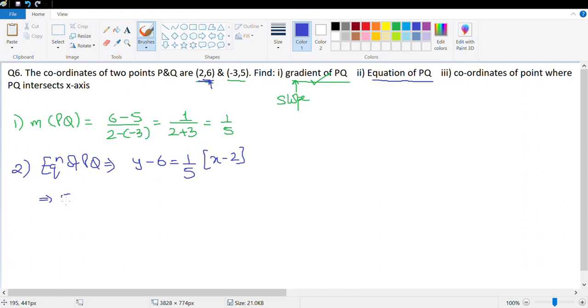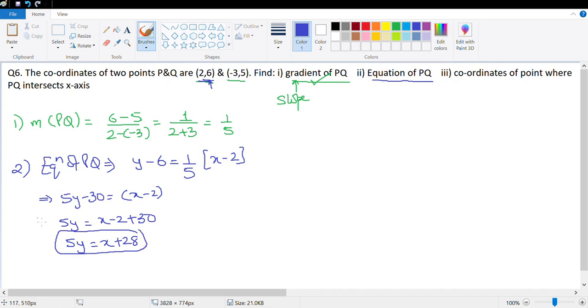This would give me 5y minus 30 is equal to x minus 2, and this would give me 5y is equal to x minus 2 plus 30. And this is 5y is equal to x plus 28. So that's the equation of line PQ. That's what they wanted us to calculate. So this part of the question is also done. Let's look at the third part of the question: coordinates of points where PQ intersects the x-axis.